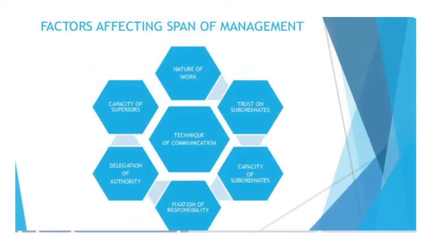Then coming to the factors which affect the span of management. Span of management, very simple to understand, is the number of workers, subordinates, allotted to the superiors according to their convenience of supervision and control.